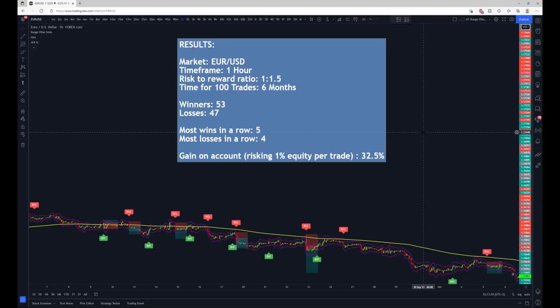Now, the one thing that I did notice with this was that a lot of the time the entries are quite extended already, and you may be better off getting in on the first pullback after the buy or sell signal to get actually a better entry price. You can see it happening a lot, but just for instance right here, you get this sell where the bar is very extended, so you enter very low.